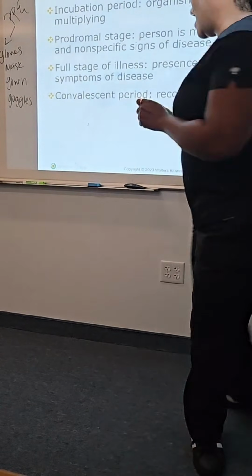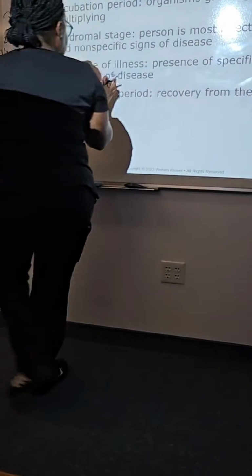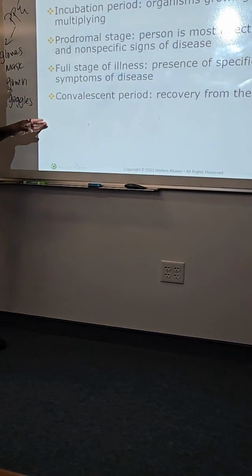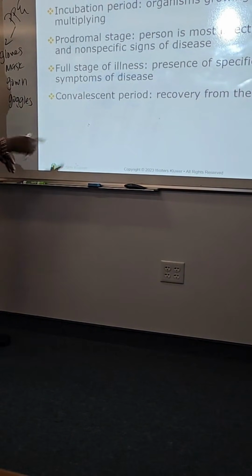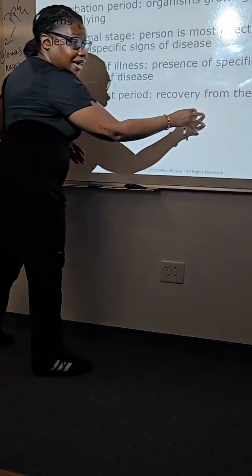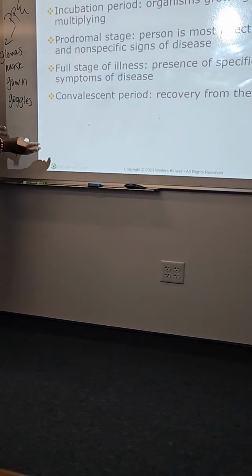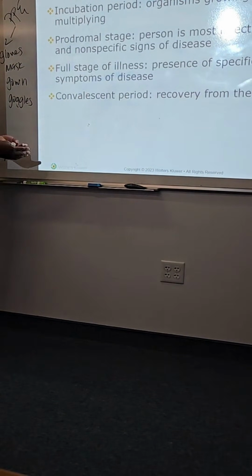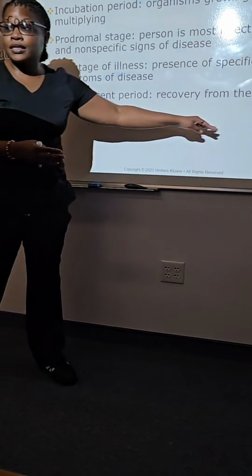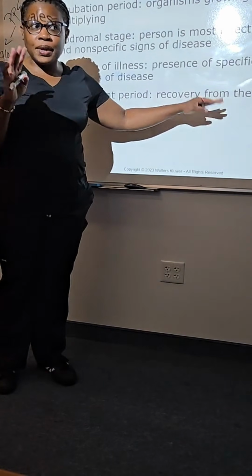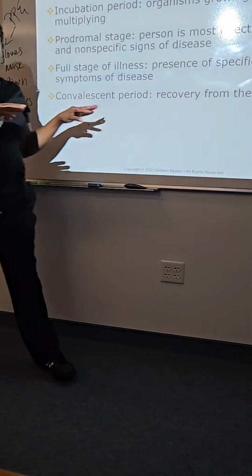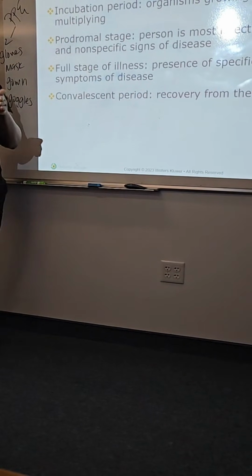I need you to know after the full stage, it can go either way: the patient may convalesce or they may end up going 6 feet under. Not everyone goes into the convalescent period. Does that make sense? I know the book is not that clear on this. It also says permanent change in their physical.